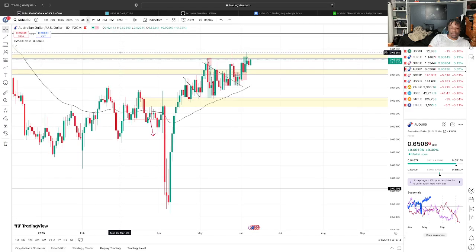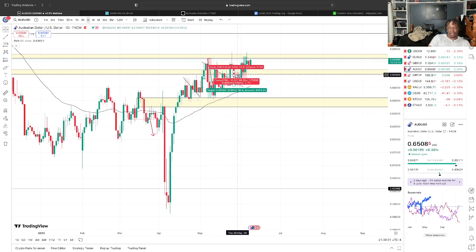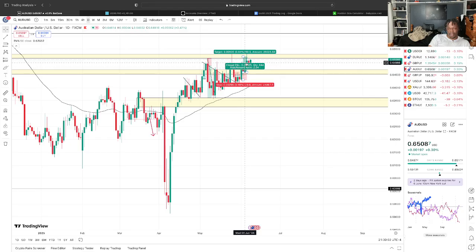Going down to the daily time frame, as you can see, price action has created a series of higher highs and higher lows, and now looks to create a new higher high.